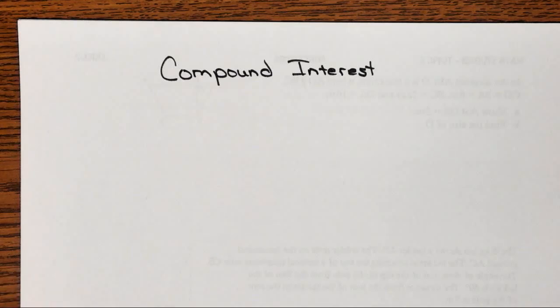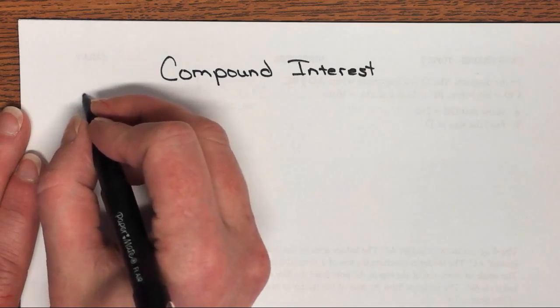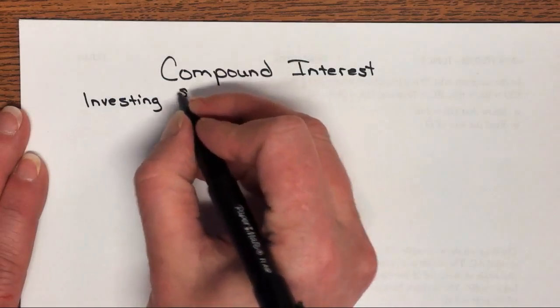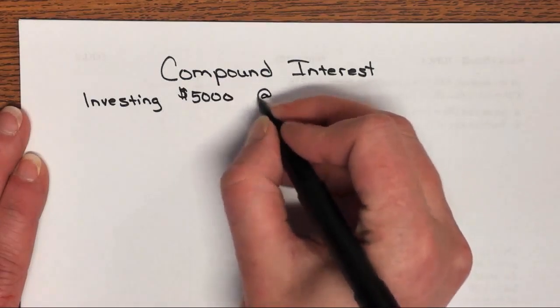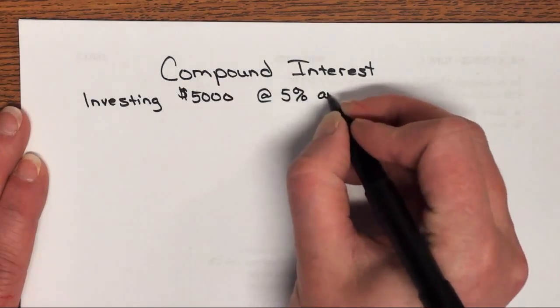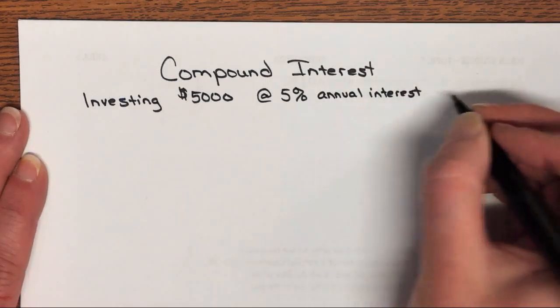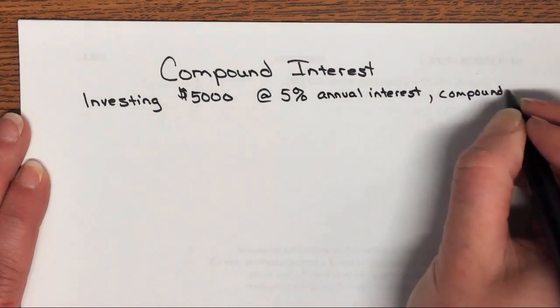Let's look at compound interest a little bit further. Let's say I started by investing $5,000 at 5% annual interest, and it's compounded monthly.